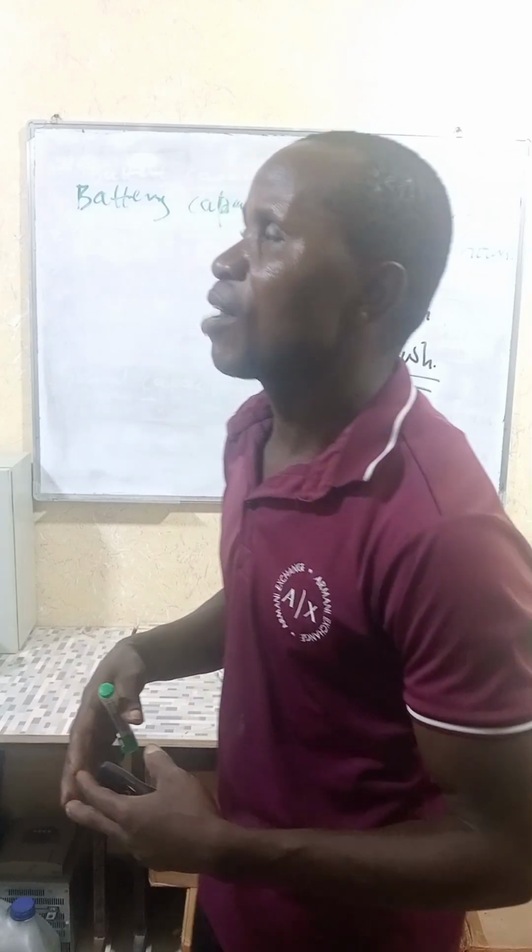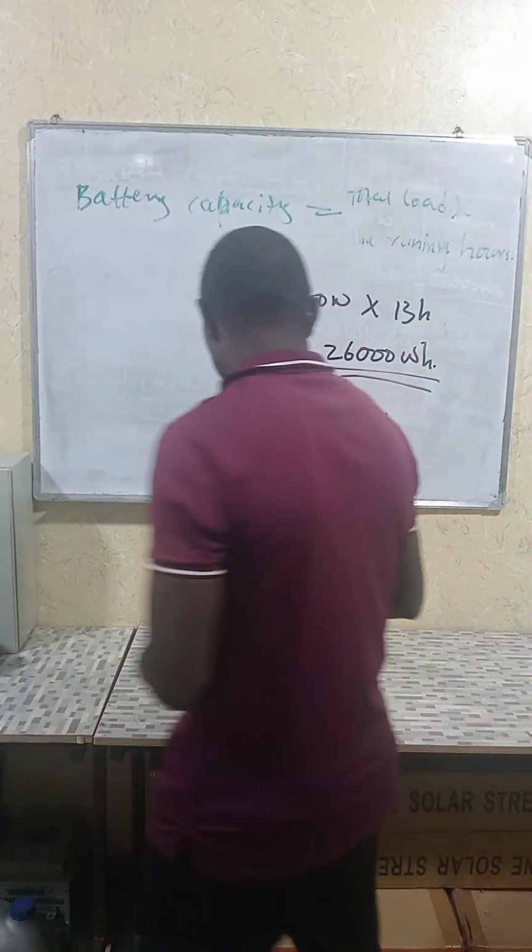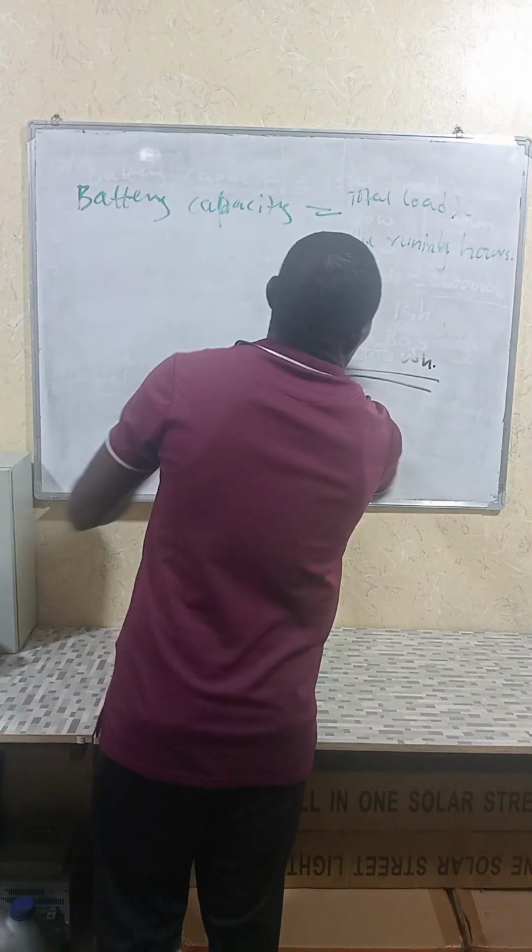So the total solar panel wattage needed is your total energy consumption per day over the peak sun hours. At this time, we are using 5.5 peak sun hours.